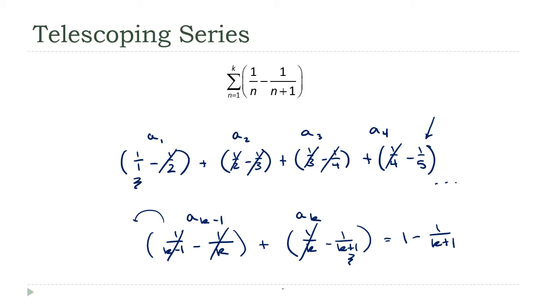And one thing I want you to notice here is there are no n's in my final answer. All this depends on is the number we choose to put in there for the ending point in the series. It's easy to mix those words up. The ending point in the series.